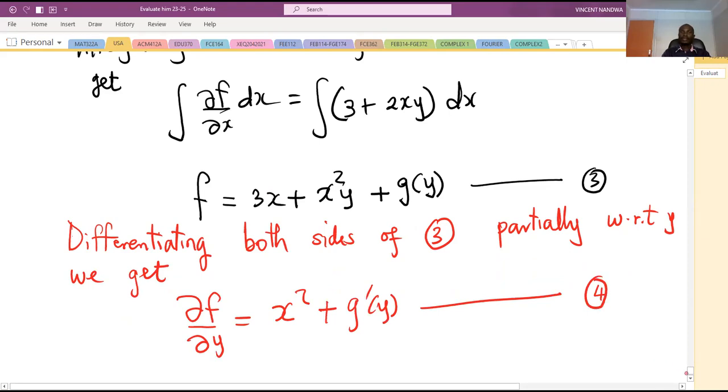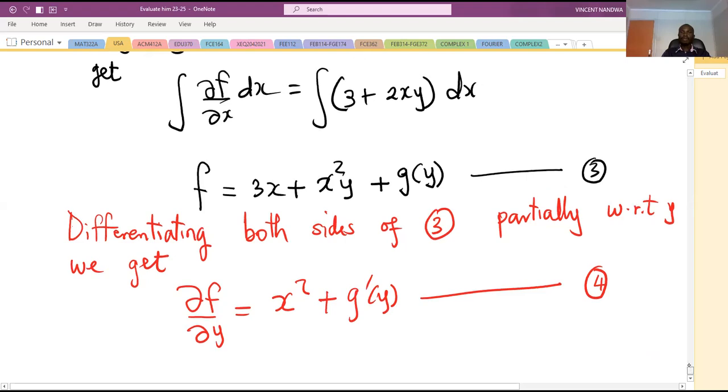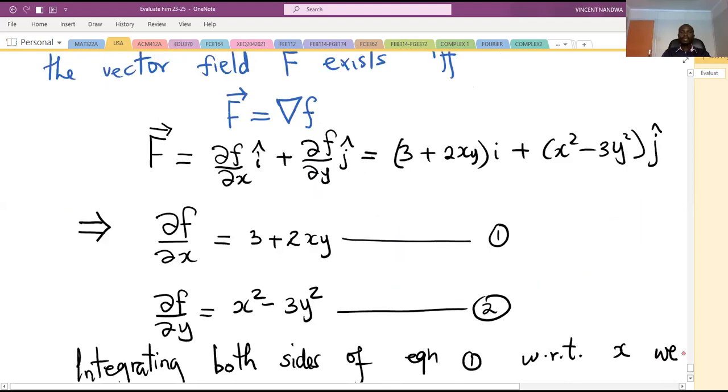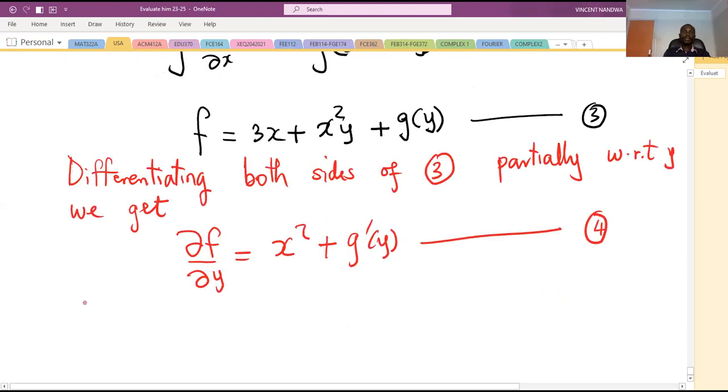Now we have equations 1, 2, 3, and 4. If you observe these equations, you find that equation 2 is also defining partial f partial y. Therefore equation 2 must be the same as equation 4. We say equation 2 equals equation 4, because all of them are defining partial f partial y.